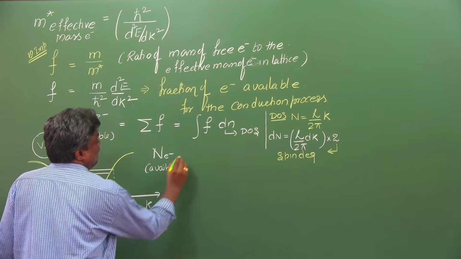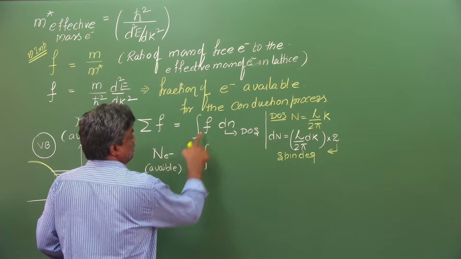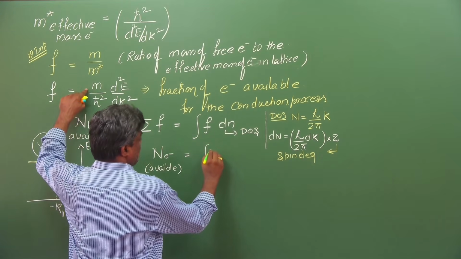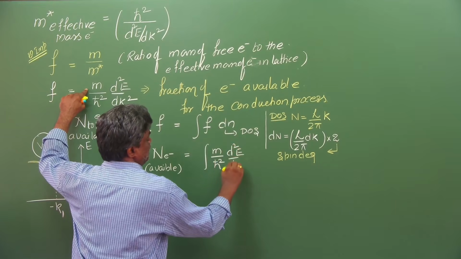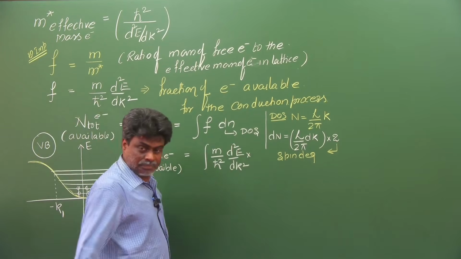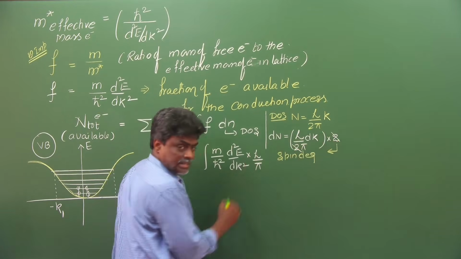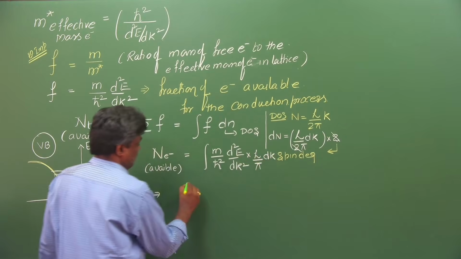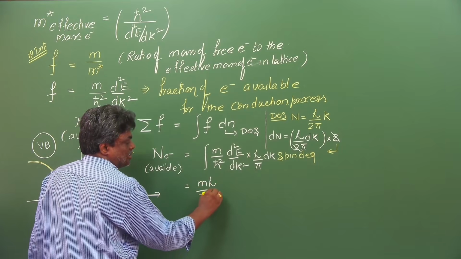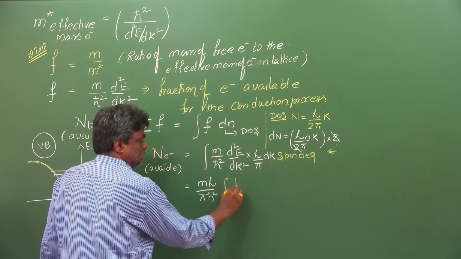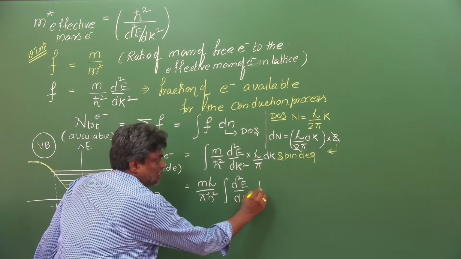So the integral of F, which is m by h cross square d square E by dk square, into the density of states L by pi, the 2 gets cancelled, with m, L and pi h cross square outside, the integral of d square E by dk square into dk.